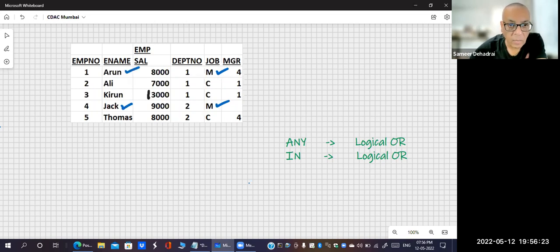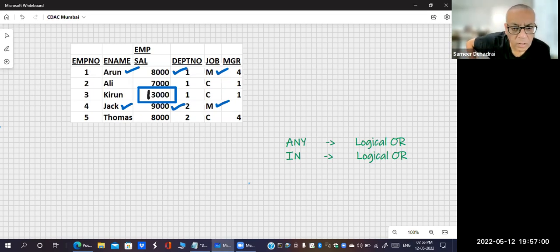These two managers are receiving a sal of 8,000 and 9,000 respectively. These are the salaries of all my managers. We want to see all the rows who are receiving a sal greater than all the managers. For example, Kiran is there, he's a clerk, but the salary is 13,000. His salary is greater than all of the managers.